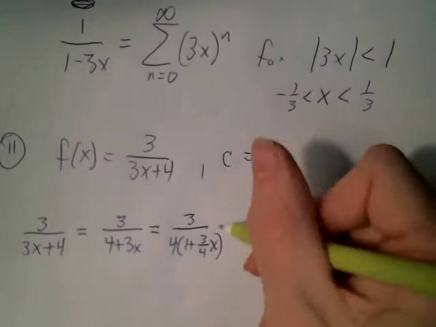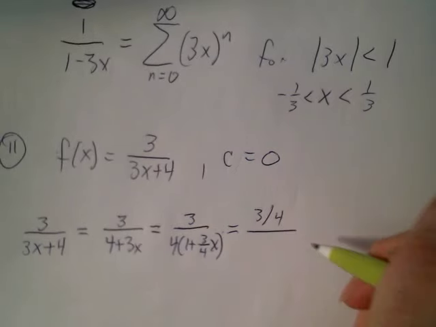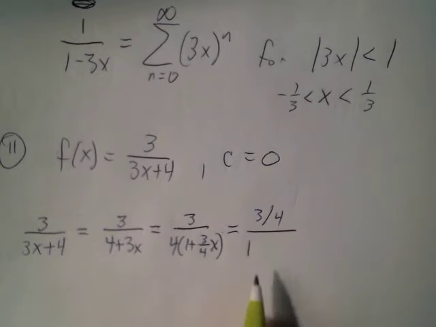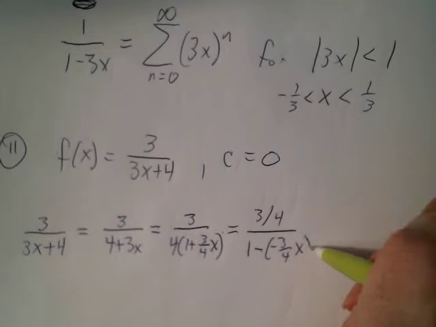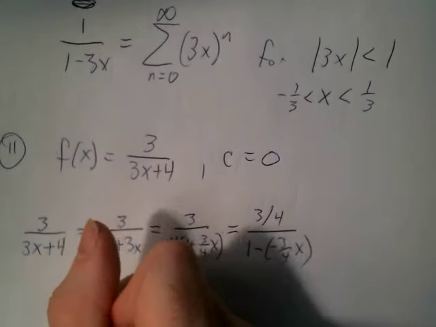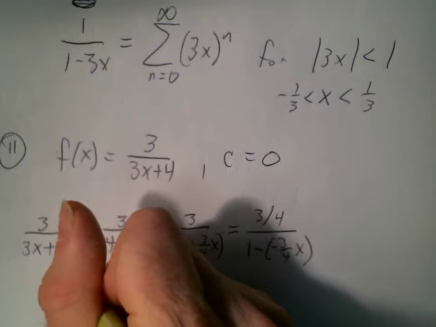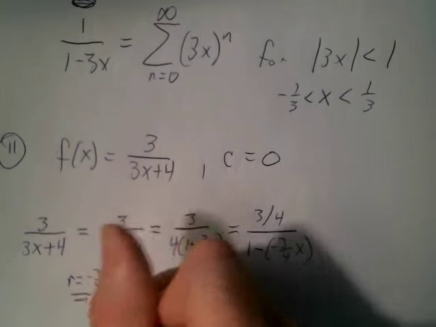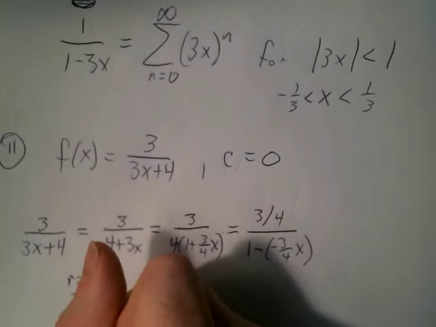And then I can bring the 4 up into the numerator, so the a value at this point looks like 3/4. And downstairs I have 1. I need to write it minus something, so minus negative 3/4 x. And so from the original formula, we're basically setting r to equal negative 3/4 x, and then our a value will be 3/4.